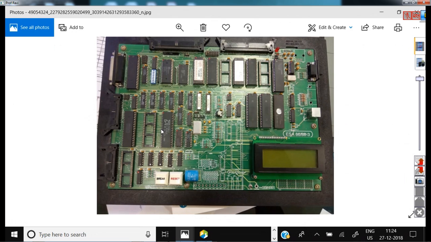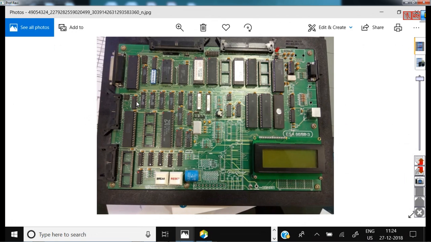Nearby, memory chips are connected. So you can identify the memory ICs and how the system is designed, which we will see one by one. It is important to know the hardware features or the pin diagram of 8086.